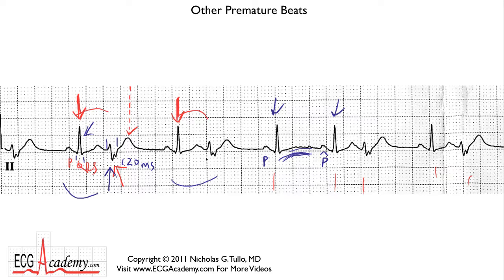What you need to make sure about is that there isn't a P wave in front of these wide-looking beats. And if you look at this T wave right here, it looks distinctly different than this T wave here. Why? You guessed it. This is a P wave, and so is this. Well, you'd say, well, that looks like a normal T wave to me, but it looks different from this T wave.